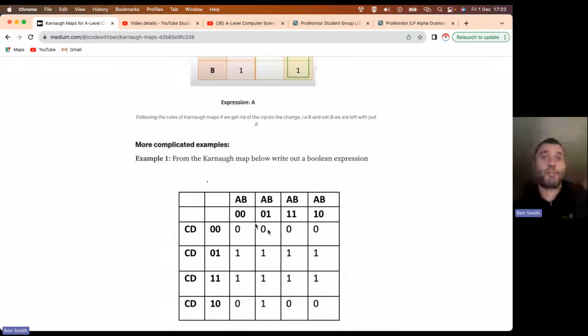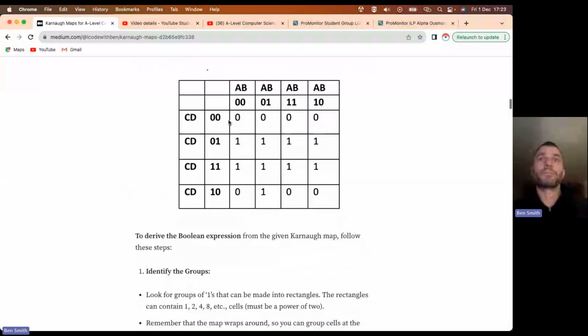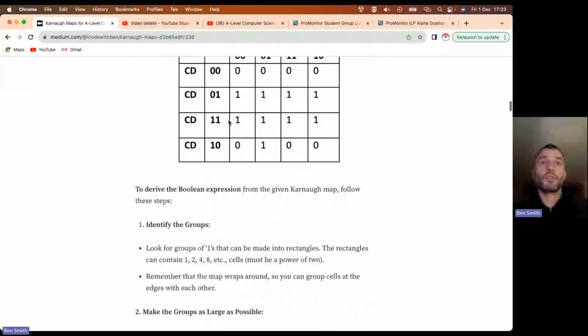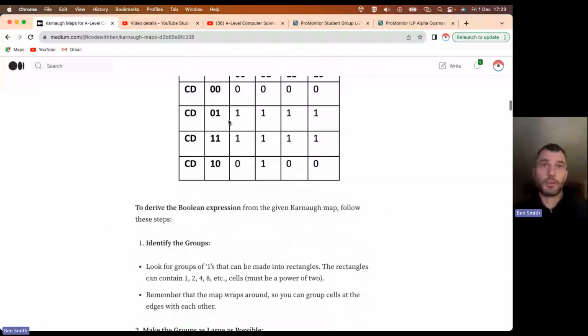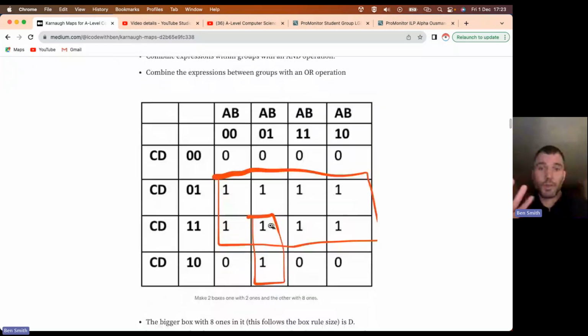You can have 3, or 4 inputs, like here, C and D. You have to follow certain rules. There has to be 1, 2, 4, 8, 16, powers of 2, and they have to be square or rectangle shaped boxes, and they cannot be diagonal. And that's all you really need to know. The best way you can understand this is by doing the practice questions and then looking at the model answers to check you got them.